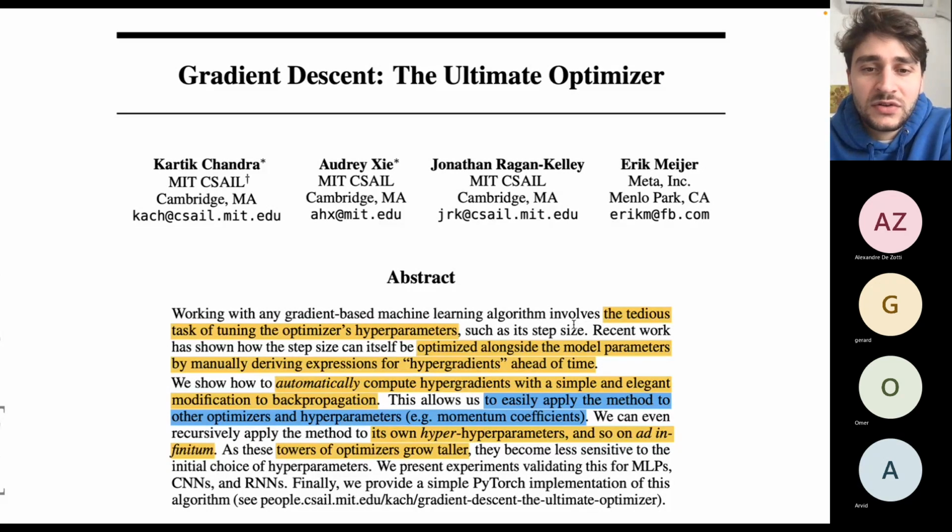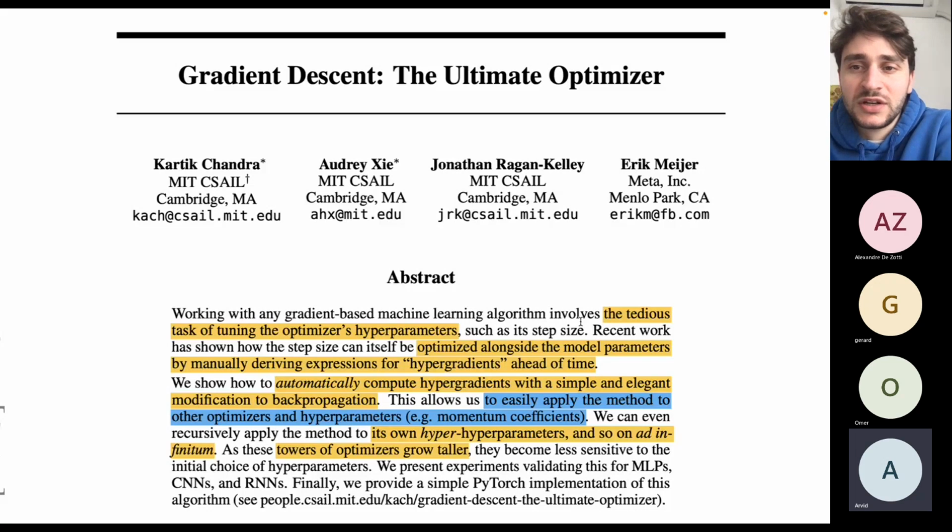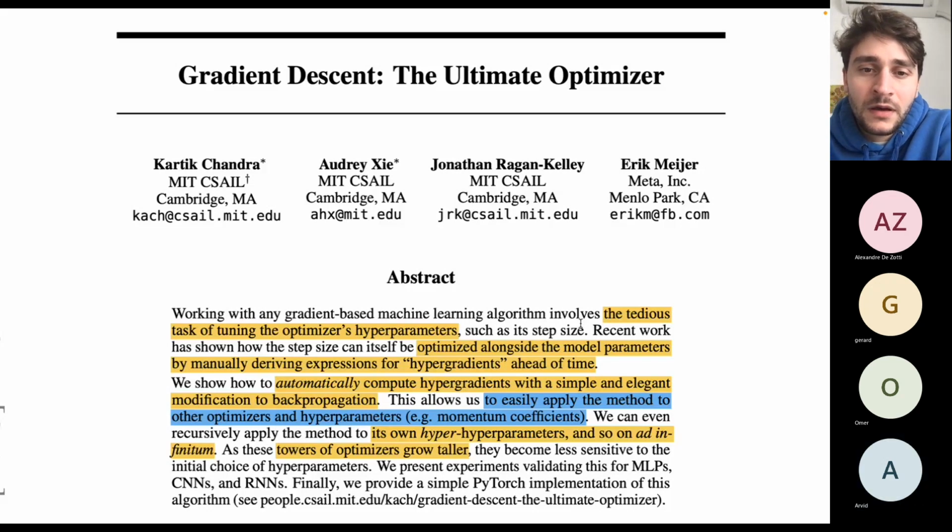So if we could find a way to not have to tune our hyperparameters and just know that we had the right ones, I think that would be very useful because it would remove a step in the model training process when you're trying to find the best model.